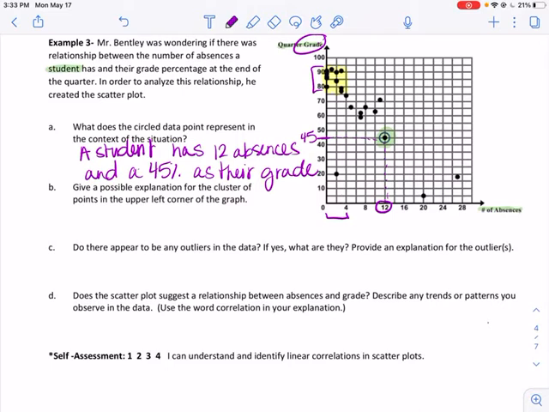So we'd say a lot of students miss only 0 to 4 days and have a pretty good grade.